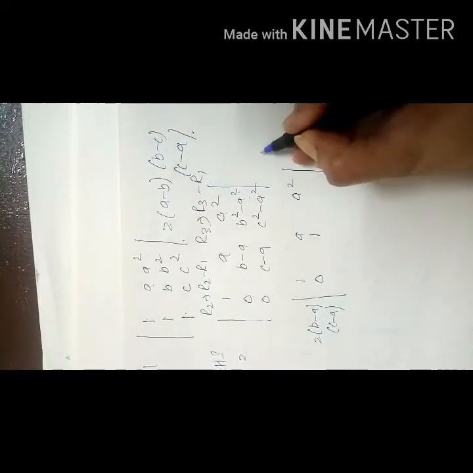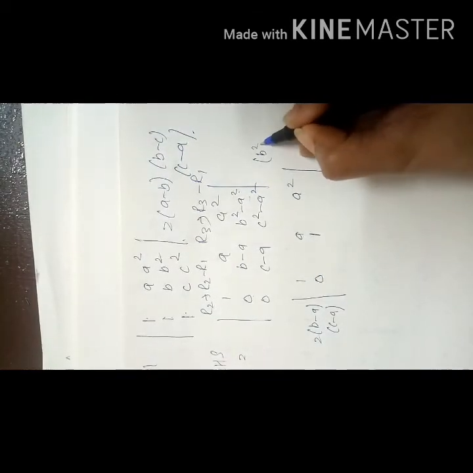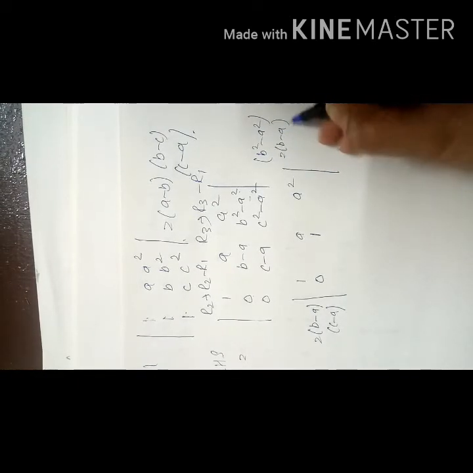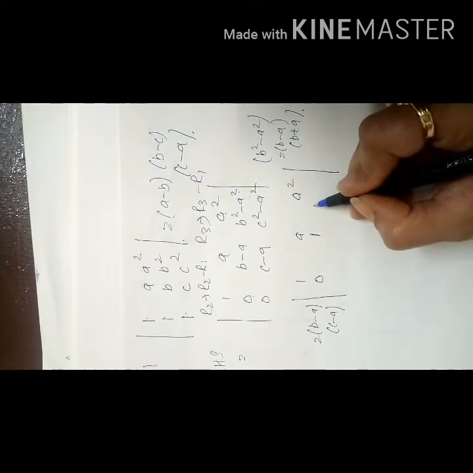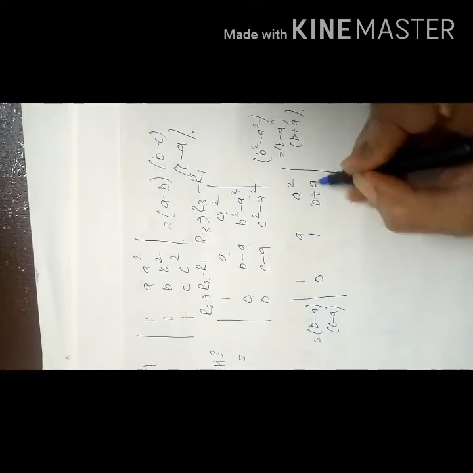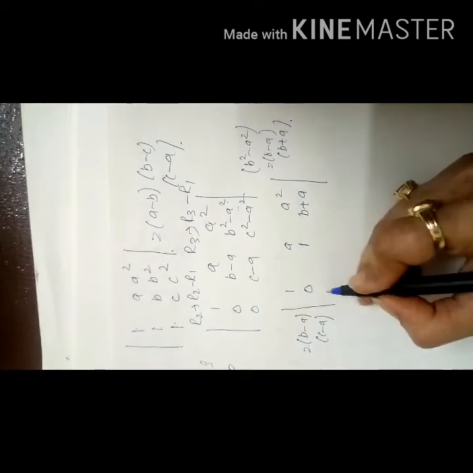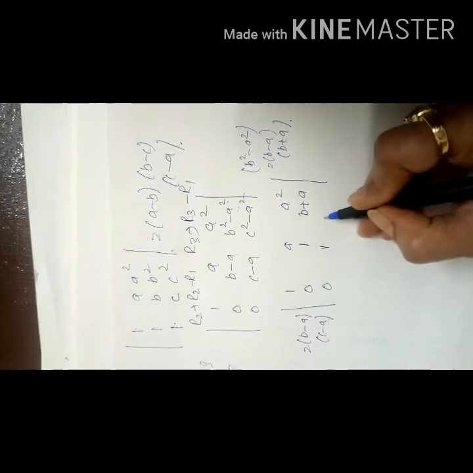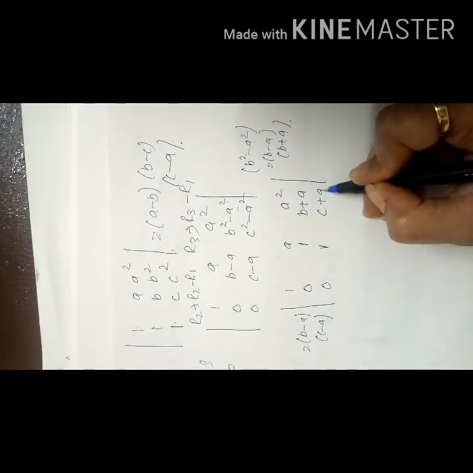Now this b square minus a square will be b minus a and b plus a. Yes. So what is left? b plus a. Yes. Then another 0. We have taken c minus a common. So it will be 1 here. And here it will be c plus a.